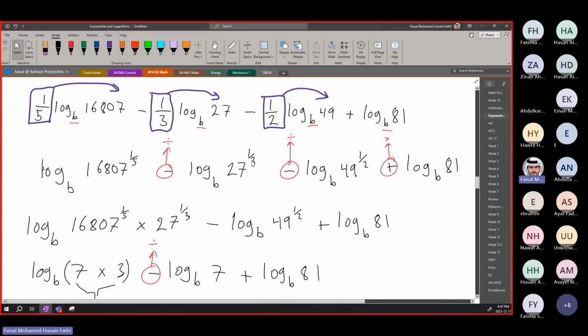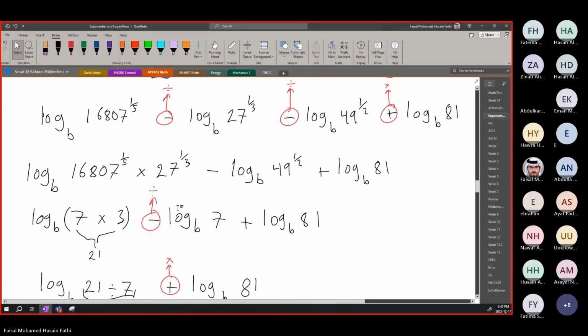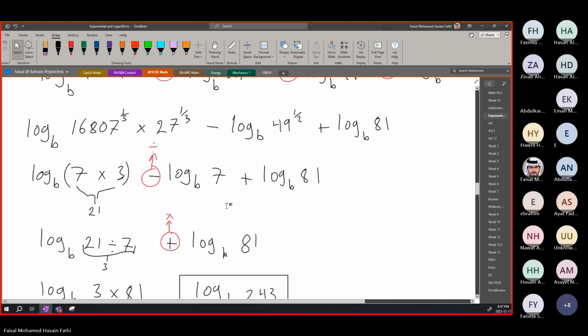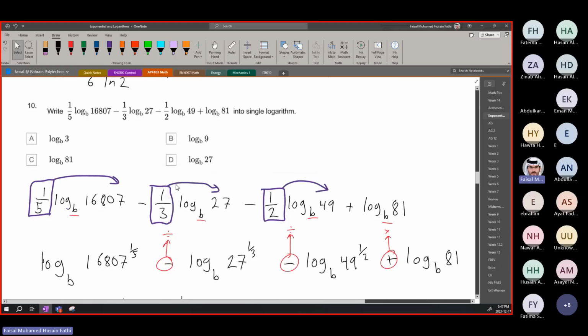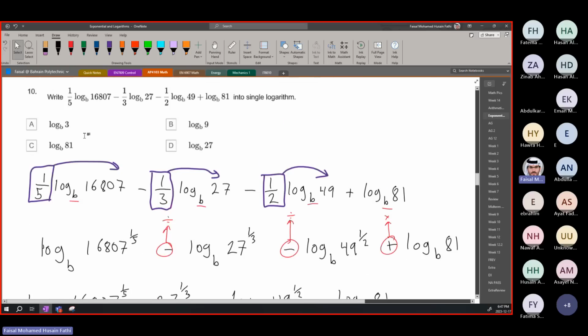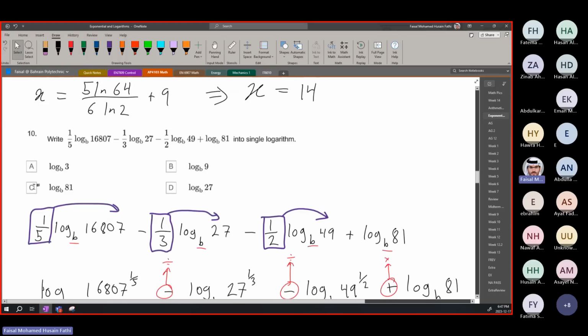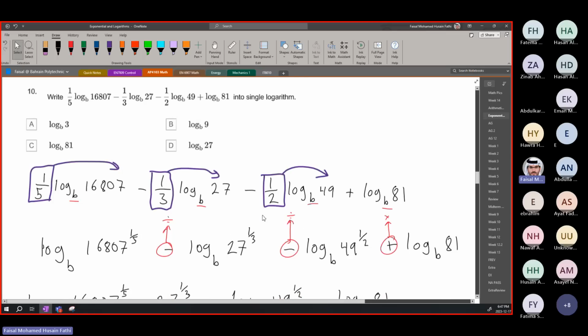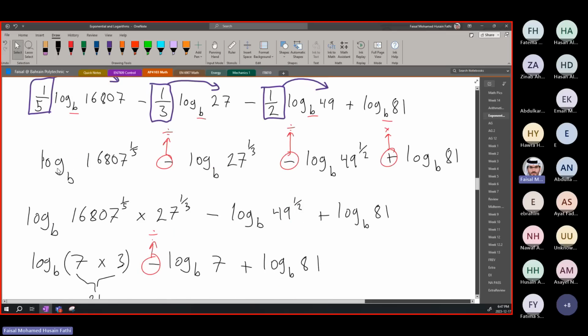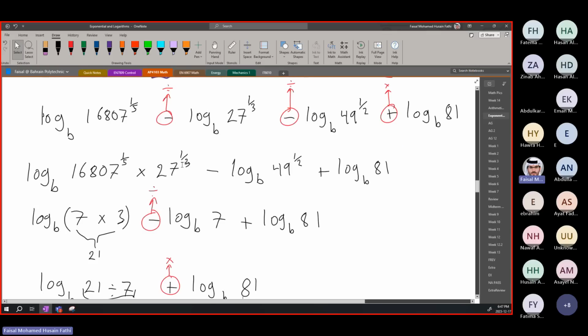Can someone tell me where I made the mistake? Let's check our steps one by one. So 16807, 27, 49, 81. Okay. Log B, we took the 1 over 5, 1 over 3, 1 over 2. So log B, 1 over 5 minus, I see.